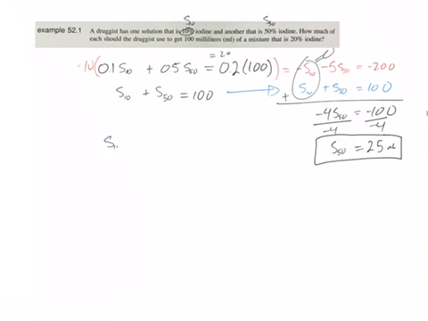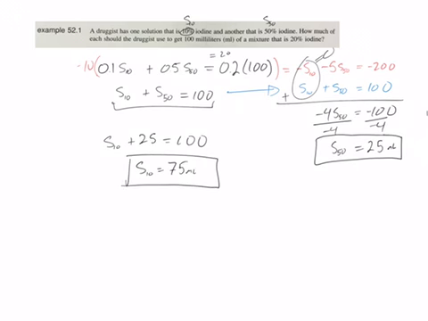But remember that S sub 10 plus S sub 50 is equal to 100. So subtracting 25 from both sides, S sub 10 is equal to 75 milliliters. So to answer your question, I need 75 milliliters of the one with 10% iodine, and 25 milliliters of the one that's 50% iodine.